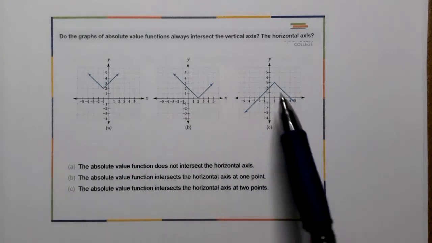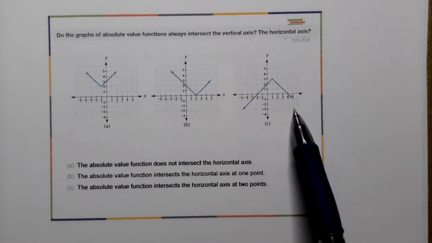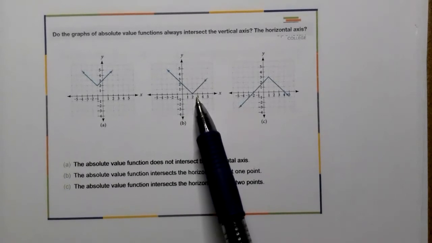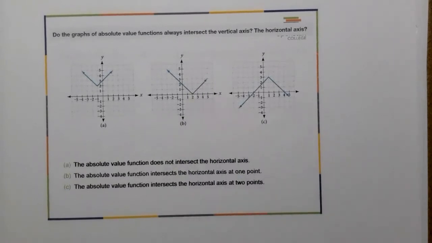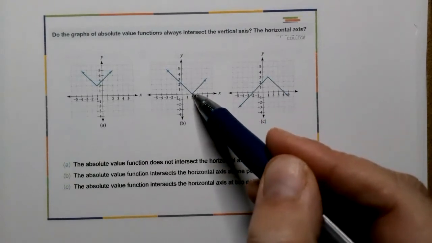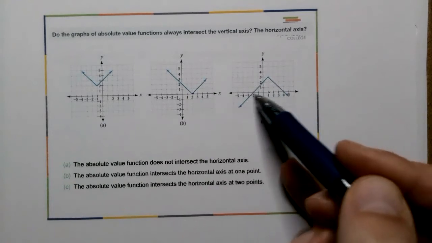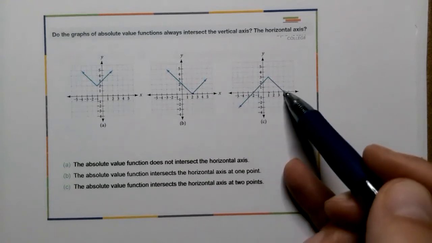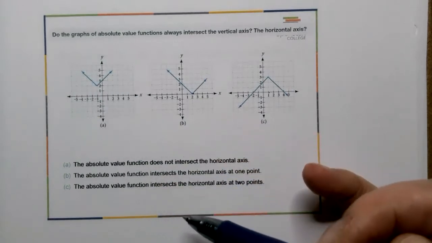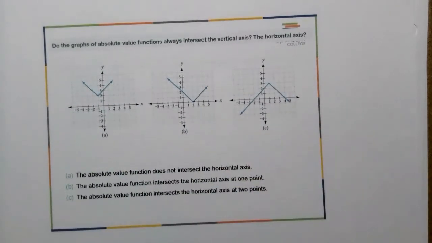For example, this function crosses the x-axis. This function touches it once and sort of bounces off of it, so we will say that it crosses the x-axis once. This one crosses the x-axis twice, and this one doesn't cross the x-axis at all. So we have 3 different possibilities.